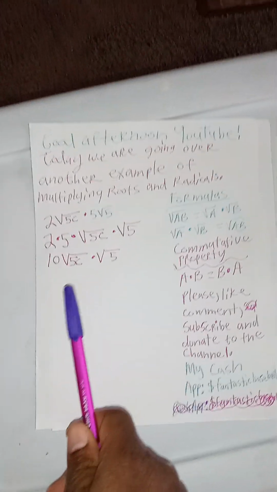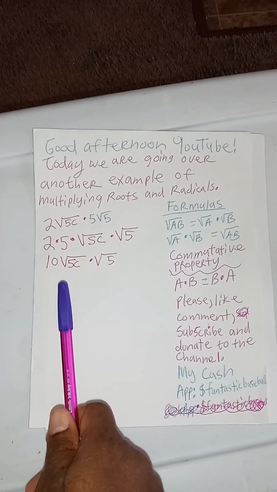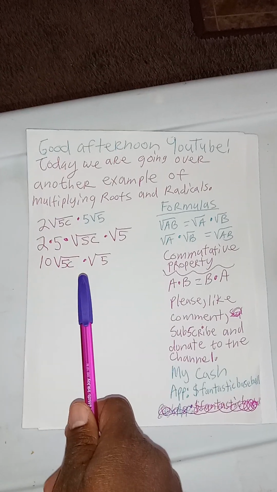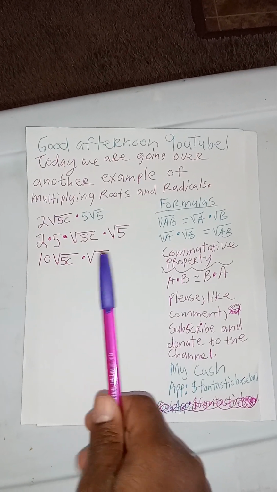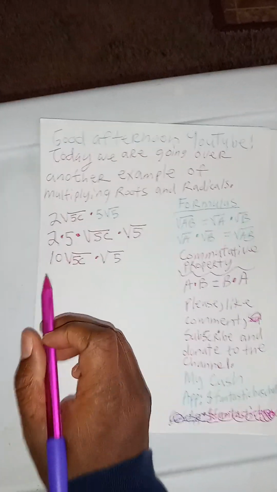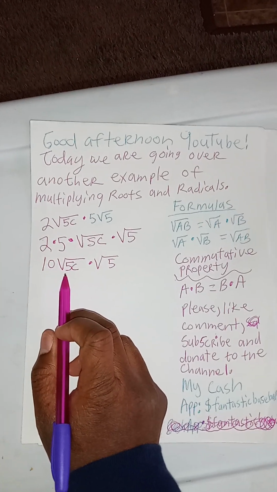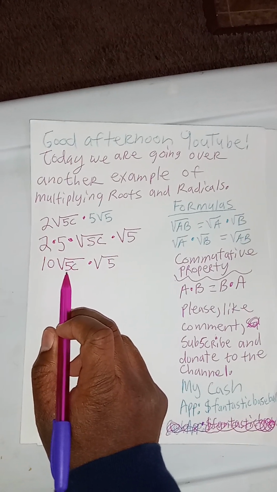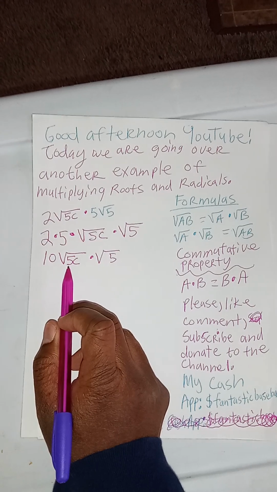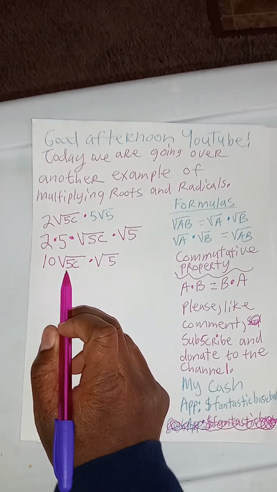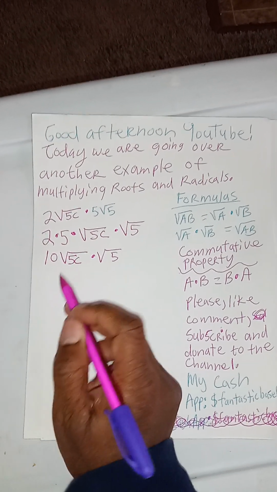Now notice we have 2 of the same roots, square root of 5c and square root of 5. However, we have a side-by-side notation which indicates multiplication as well. 5c can be rewritten as 5 times c.